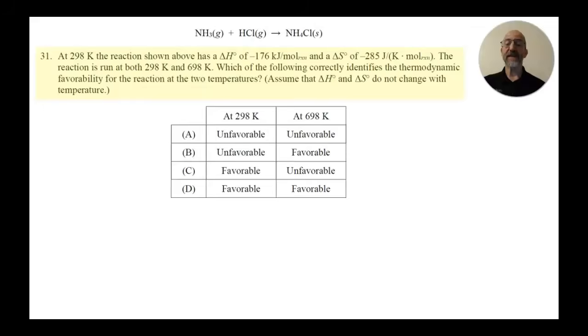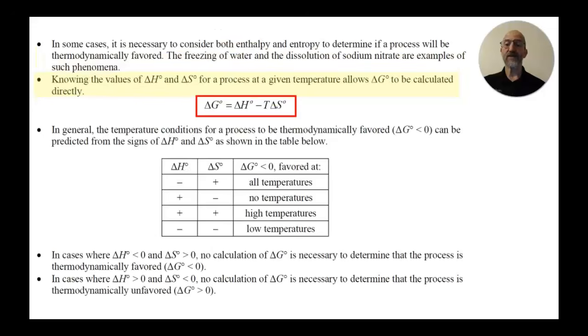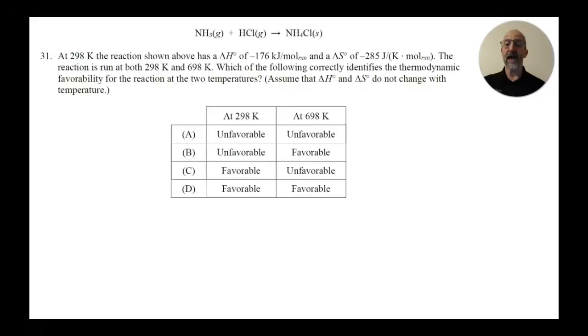So we're going to use the Gibbs free energy equation, which is delta G equals delta H minus T delta S. And so we have everything we need to calculate the value of delta G at both 298 Kelvin and 698 Kelvin. So I will begin with 298 Kelvin. There's my delta H, negative 176 kilojoules per mole of reaction.